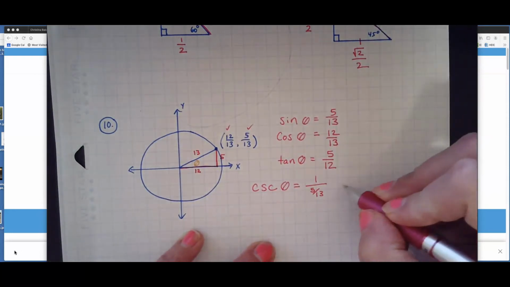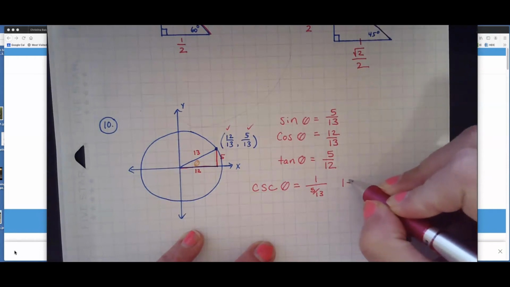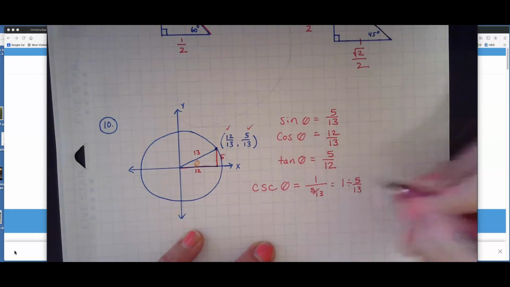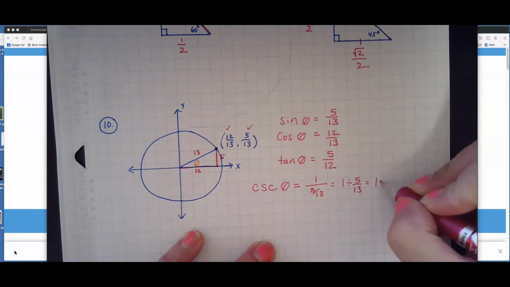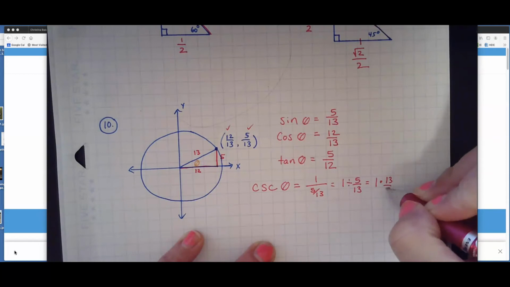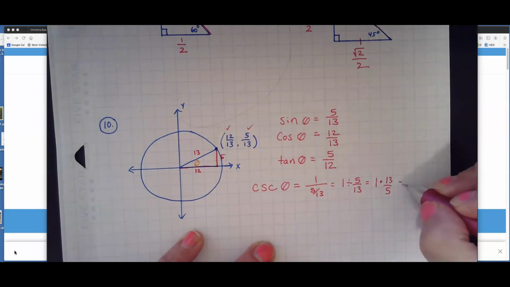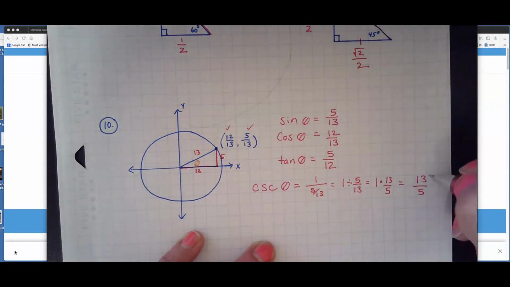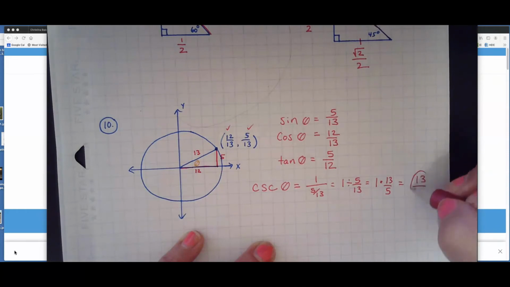It's like saying 1 divided by 5 over 13, but really that's the same thing as 1 times 13 over 5, because you multiply by the reciprocal. So it's just taking the reciprocal of that ratio. So cosecant of theta is going to be 13 over 5.